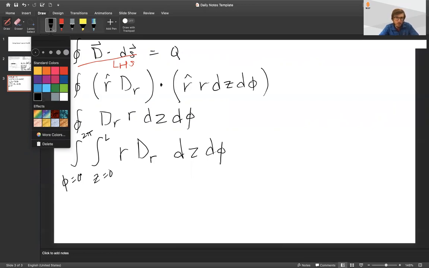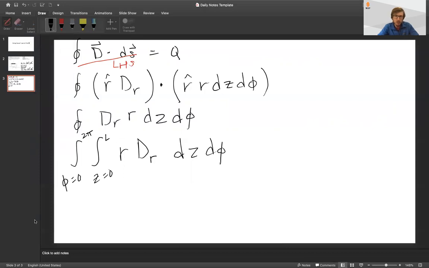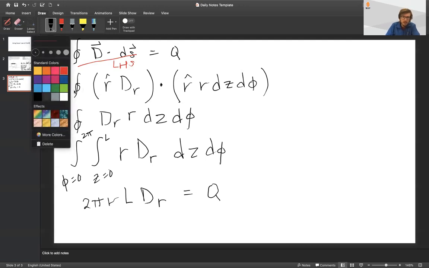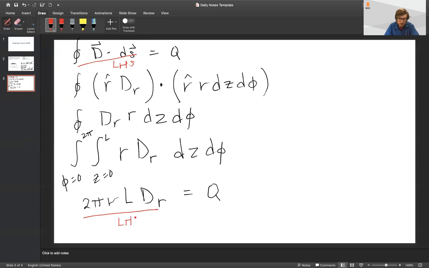In this case, we are able to determine that 2 pi rL Dr on the left-hand side is equal to Q. So by solving the left-hand side of the equation, we can set it equal to the right-hand side, and then we can solve for Dr, because we don't know what the magnitude of the electric flux density is going to be.